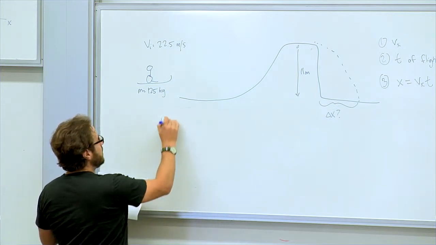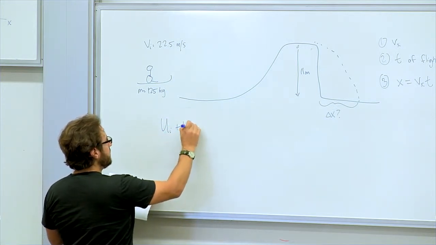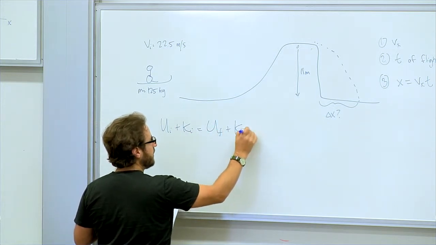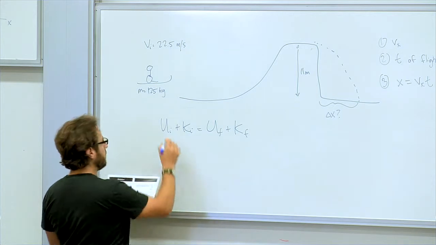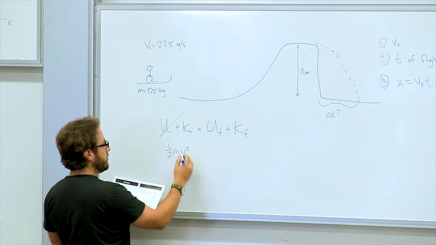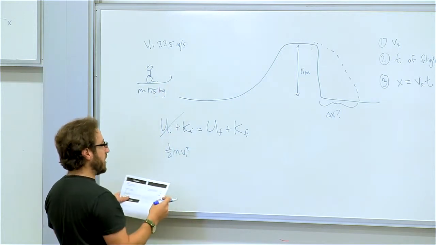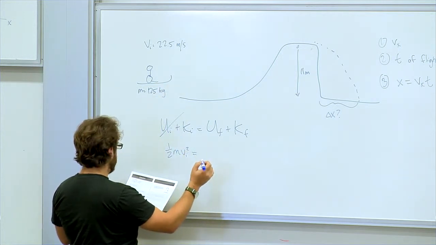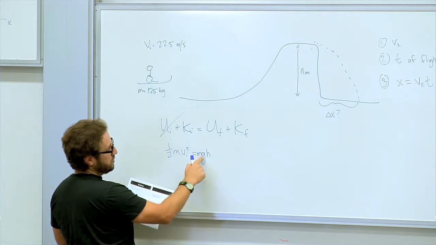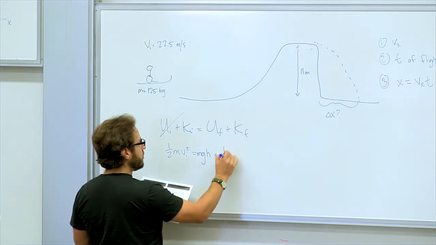So, initial potential plus initial kinetic is final potential plus final kinetic. This initial potential is 0, and 1/2 mv squared is a number we know, because we're given the initial velocity. The final potential energy is mgh. We know mass, we know g, we know h. So this is looking pretty straightforward.